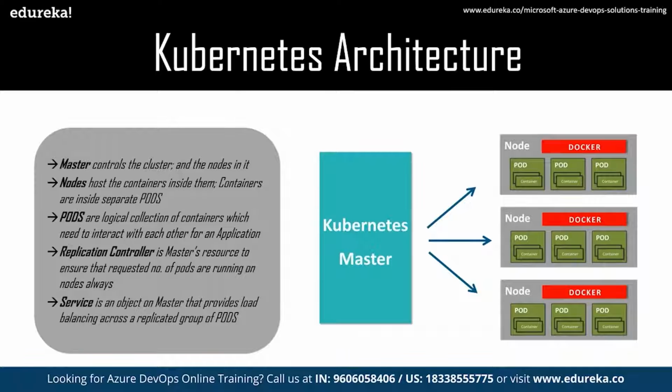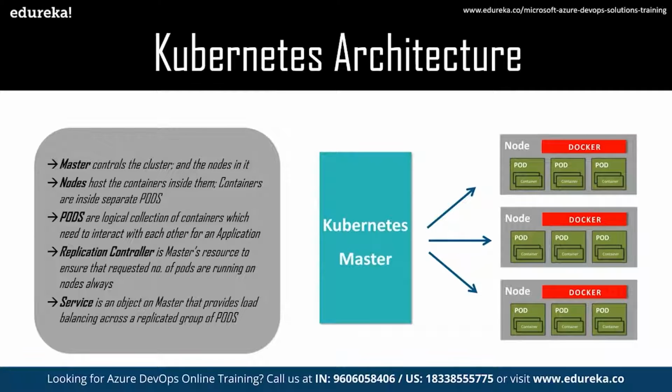These are logical collections of the containers which need to interact with each other for the applications to keep running. And inside these pods, you basically have your containers. So that is what the infrastructure looks like. You'll be having pods holding a logical set of containers that probably result in a particular kind of application, and you can have multiple such pods.